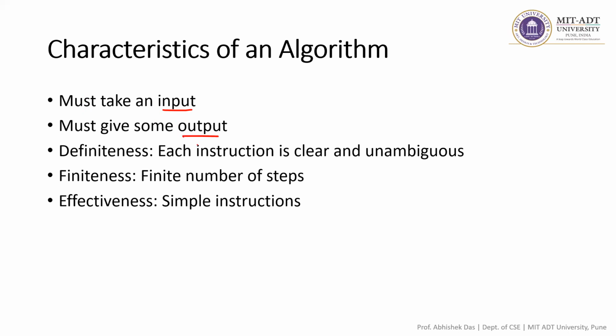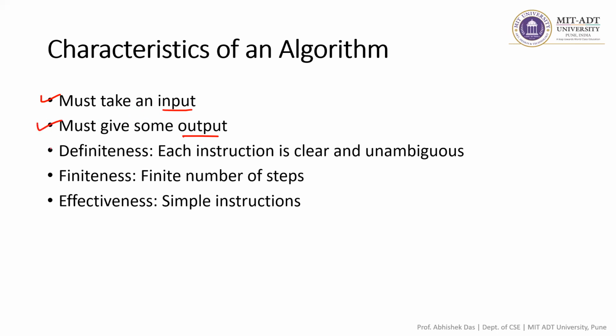So as I said at the very beginning, while starting the concept of the algorithm, an algorithm is all about taking certain inputs and getting certain desired outputs. So the first characteristic of an algorithm is it must take a certain input and it must give some output.